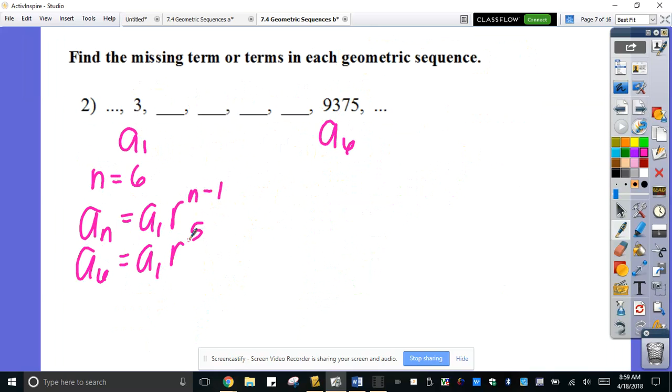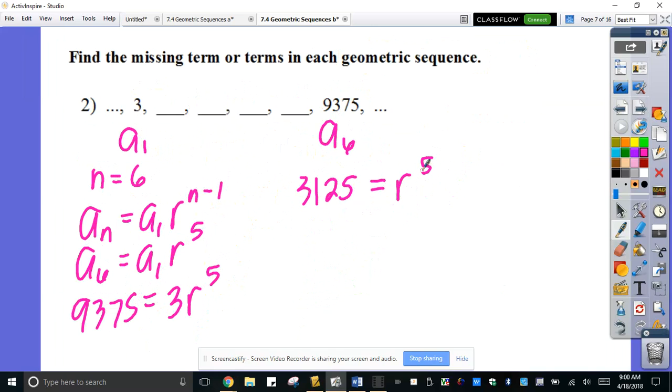A sub 6 is 9,375. A sub 1 is 3. And then this r to the fifth. What do we do? We divide by 3. 9375 divided by 3 will give us 3125, and r to the fifth power.